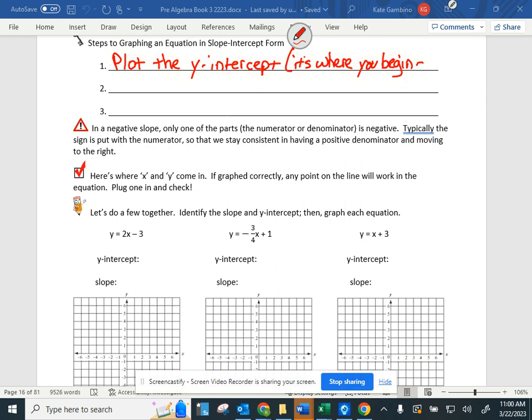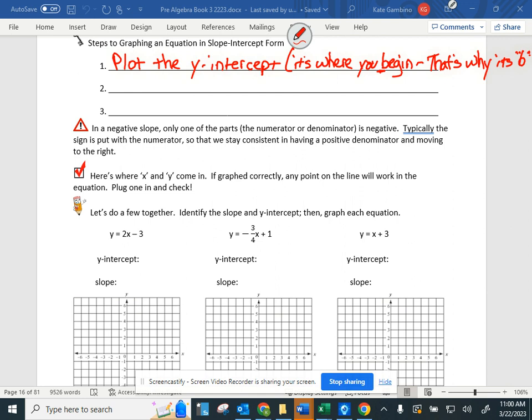So it's where you begin, so that y-intercept, that's why it's the B. So we begin with the y-intercept, so you know that the y-intercept in our equation is the B. It's our first step. It's where you begin, y-intercept.